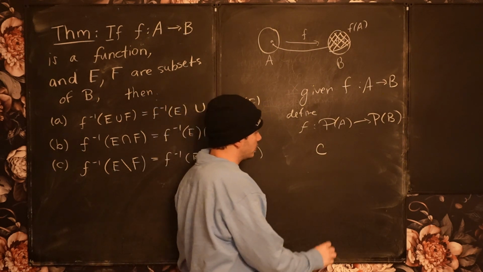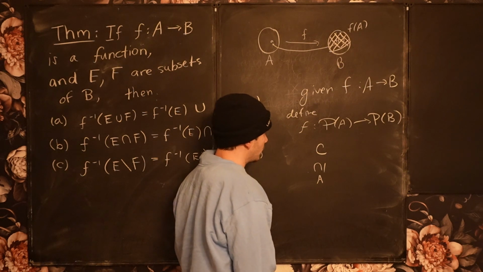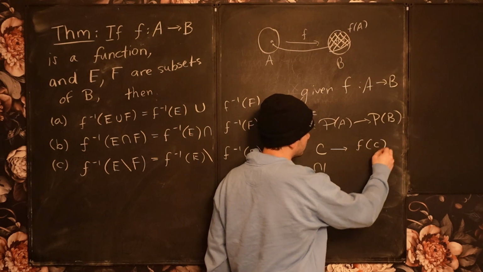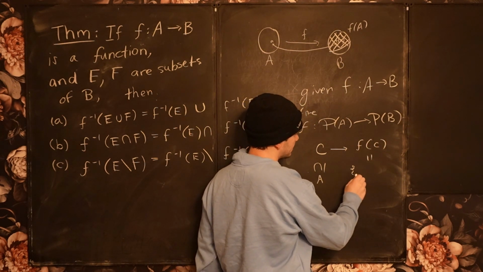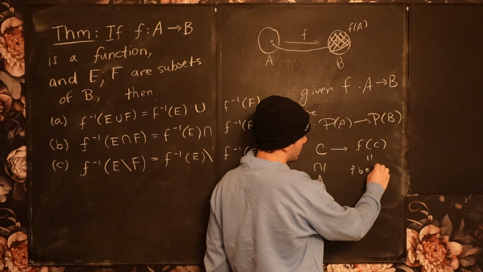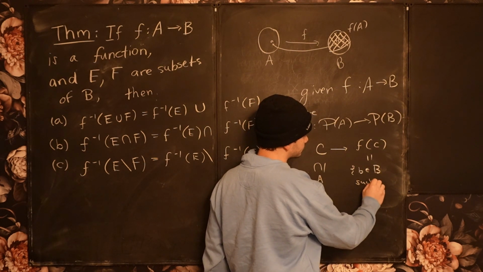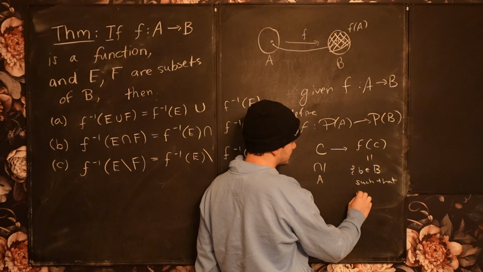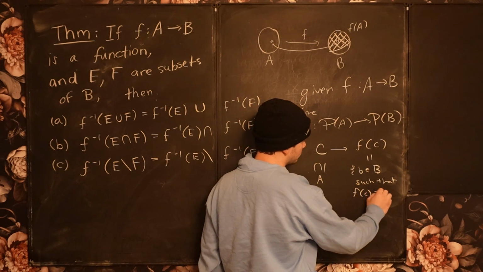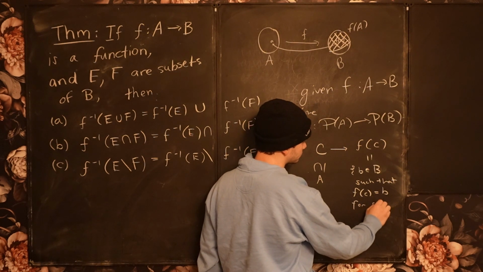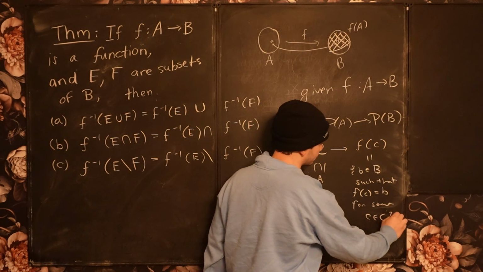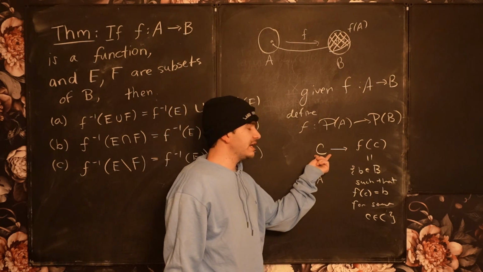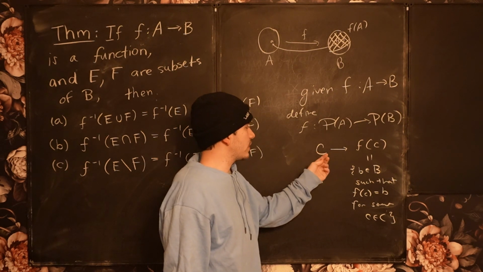So if C is a subset of A, C is going to get mapped to the set F of C, which is, by definition, the set of all little b in capital B such that F of c equals b for some c in the set C, okay? A little bit of a complicated definition, but essentially I'm taking all the points in this set C, and I'm looking at where F maps them.